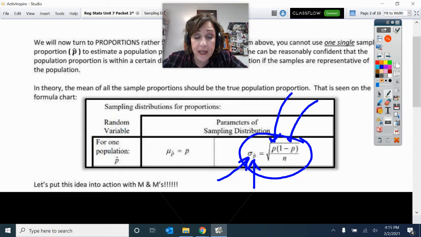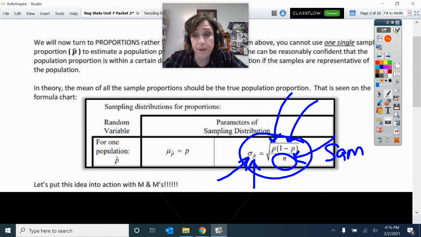Then you see this number right here. This is the 1 minus 0.24, the opposite. So if 0.24 is success, the other part is 1 minus that, 0.76, because those two add to 100%. And then we divide by N, the sample size that we have.